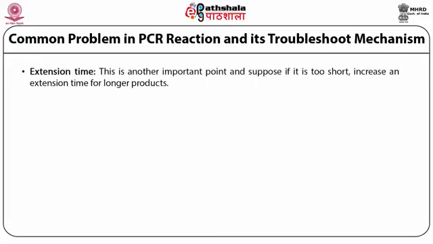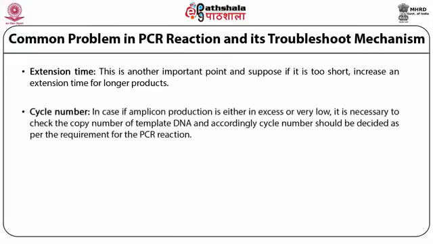Extension time. This is another important point, and if it's too short, increase the extension time for the longer product. Cycle number is also very important. In order to obtain an appropriate concentration of amplicon, cycle number has to be determined before starting the PCR reaction.